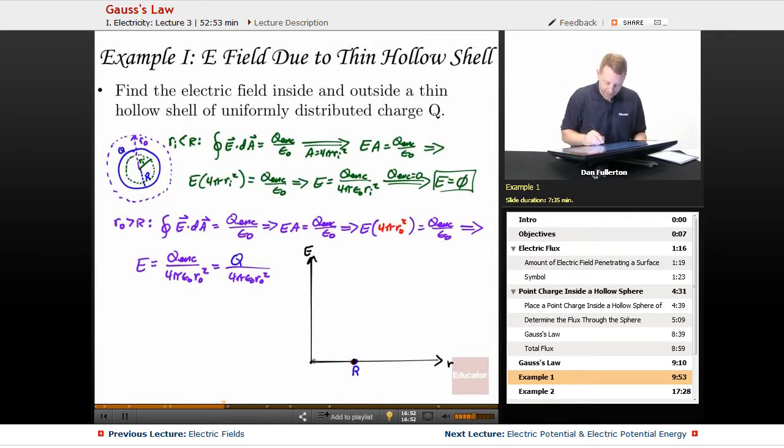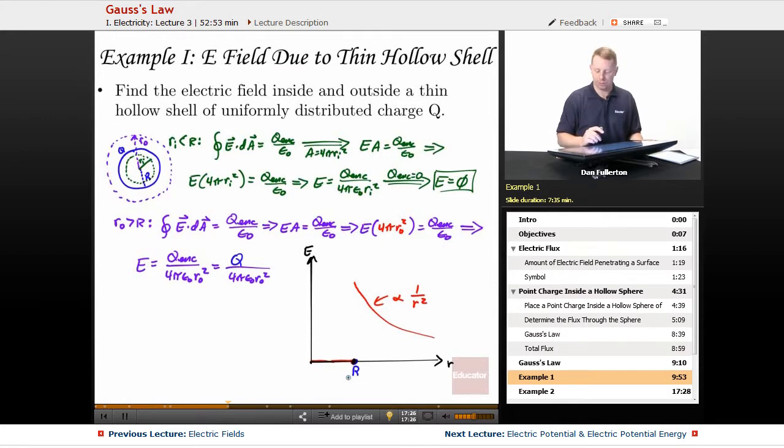Inside that, the electric field is 0. And outside that, it's Q over 4 pi epsilon naught R0 squared. So what we have is a discontinuity where we've got something like this, which is proportional to 1 over R squared as long as you're outside R. So there's your graph of electric field versus radial distance. You can use Gauss's law to help you find these so quickly and so easily.